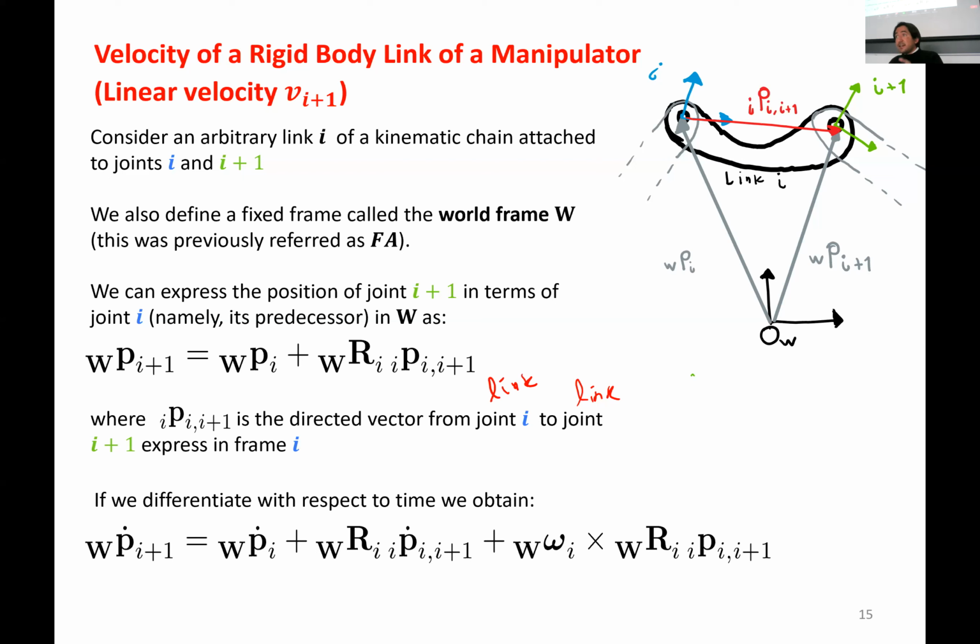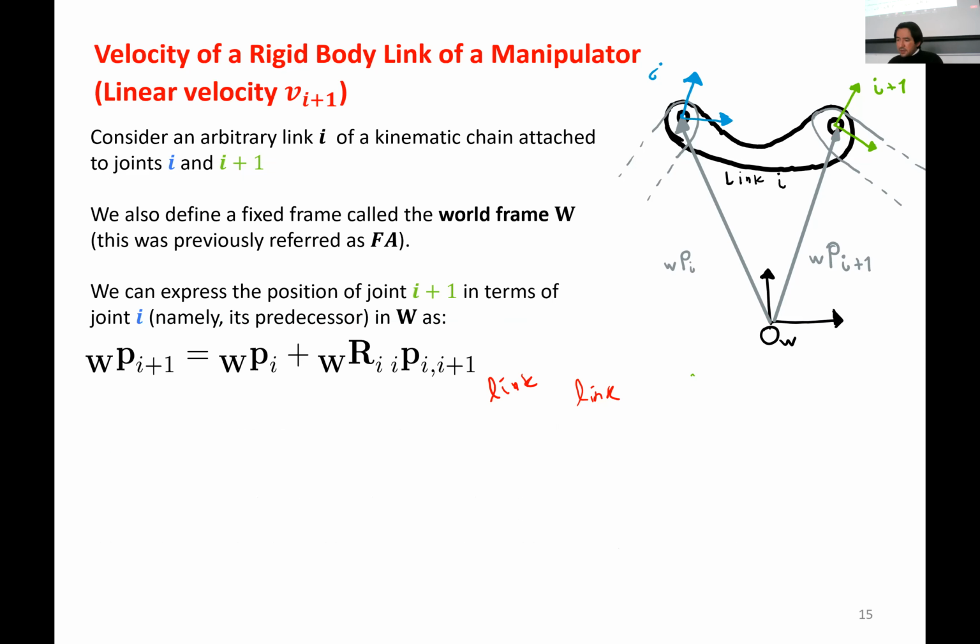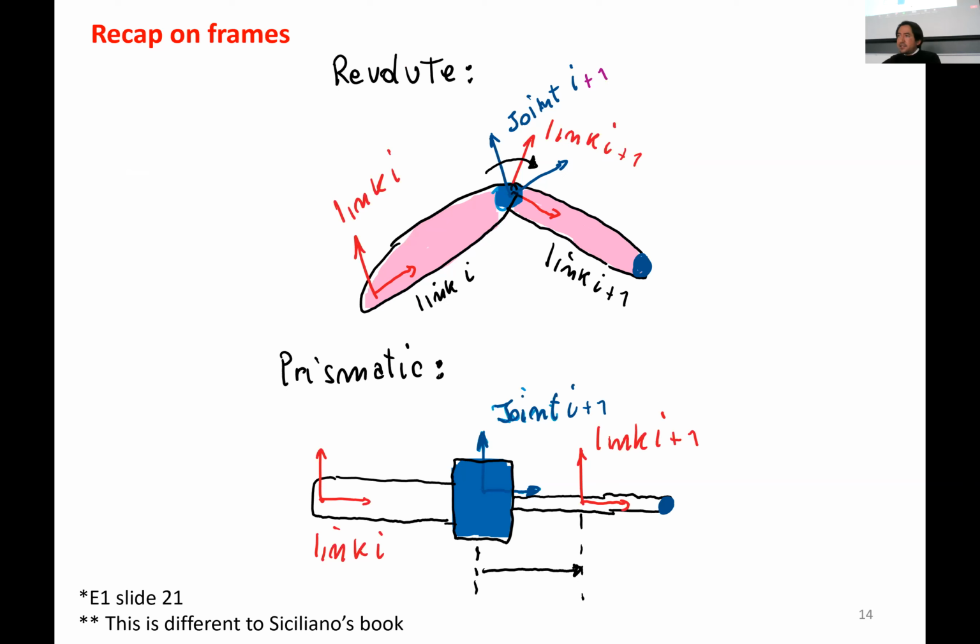Maybe your confusion comes from the fact that the link and the joint frame are not coincident in the origin, but we're just talking about the orientation of the frame, not the specific position. The joint I plus one moves with the link I frame. They are just a rigid transform. Remember that.